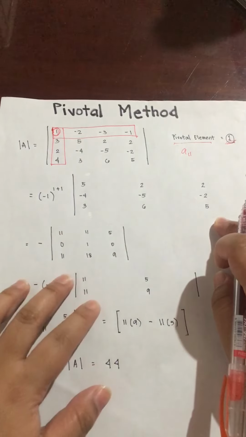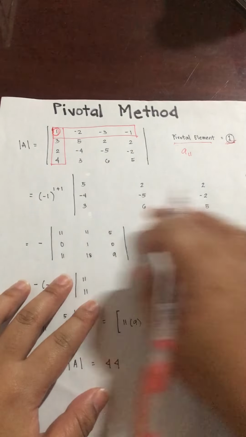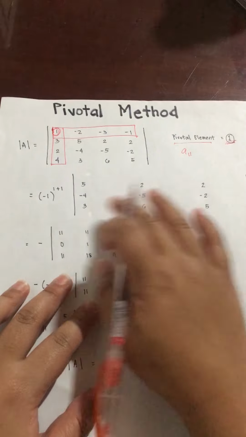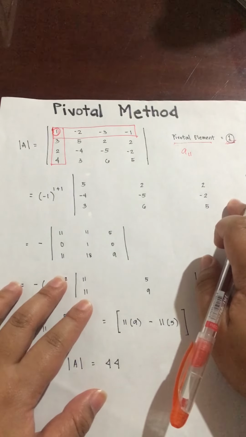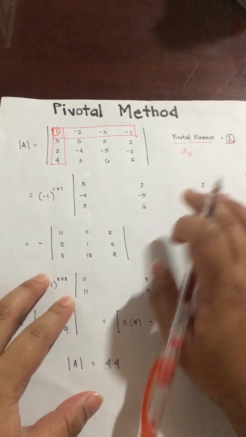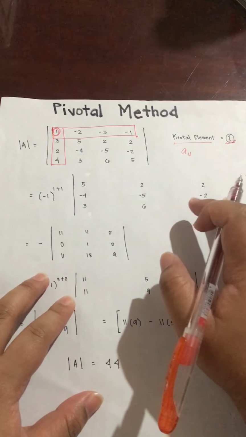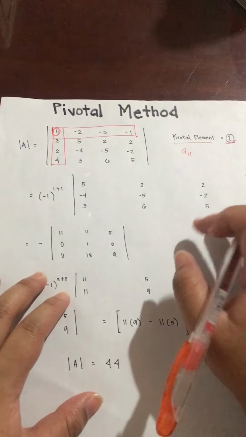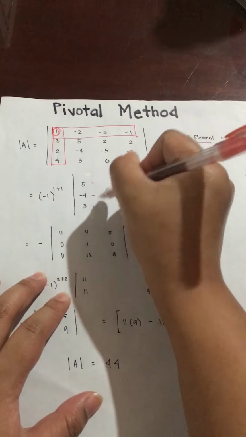Kung mapapansin nyo, nag-leave ako ng space sa mga to kasi magagamit natin sila sa ating solusyon. May ilalagay tayo na solution here. Ang ilalagay natin na solution is isusubtract natin ang mga to. Subtract.